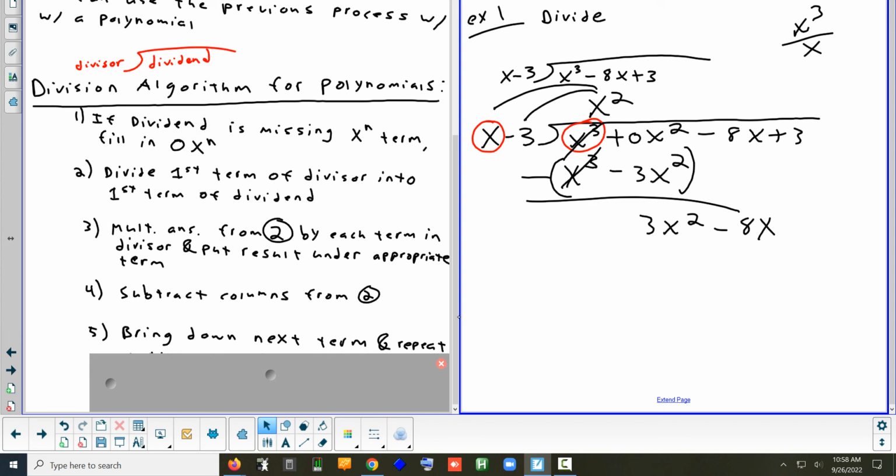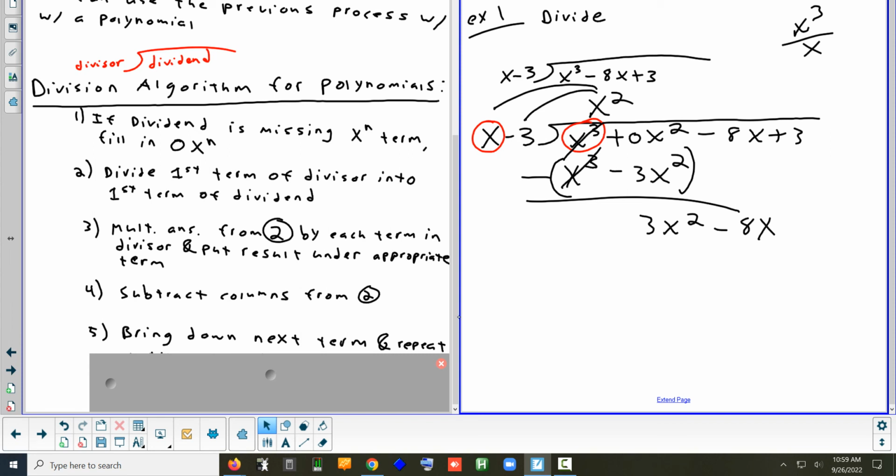Now, look at the highest exponent that I'm left with now. What is it at this point? It's a 2. It started out as a 3. Each time you do one round of division, that's what we basically just did, this exponent should drop. Usually it drops by 1 each time. It can drop by more than 1 in a special case.